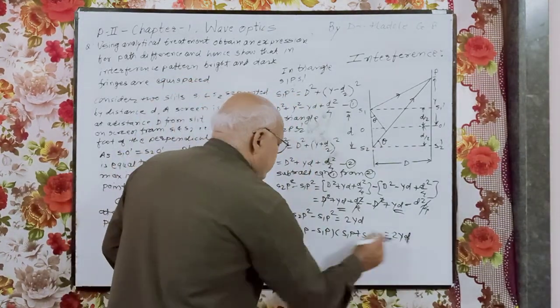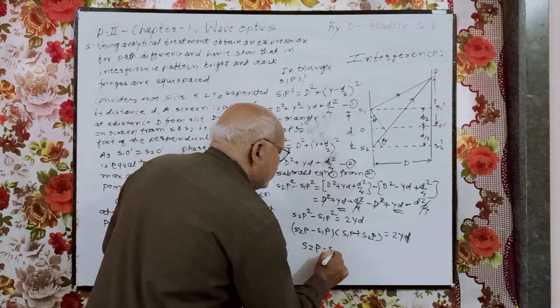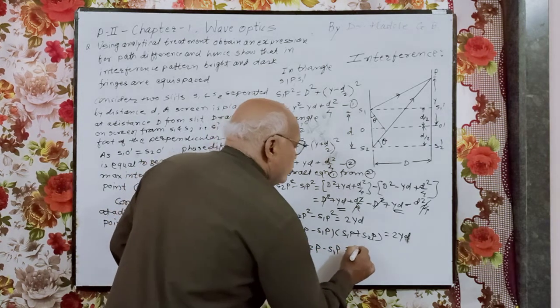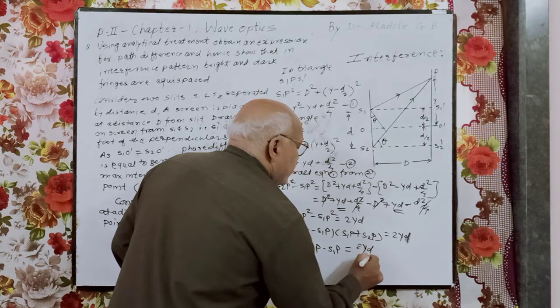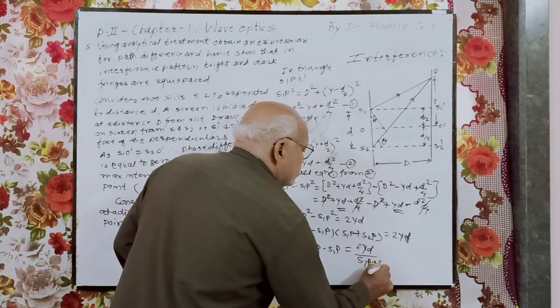Transfer this term to this side, so we get S2P minus S1P equal to 2 y d upon S1P plus S2P.